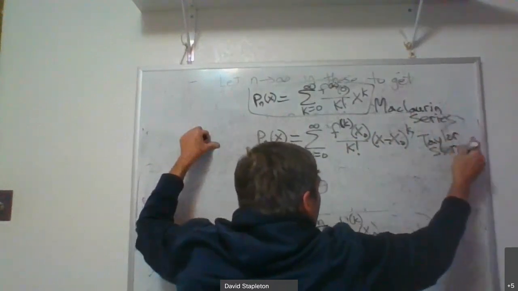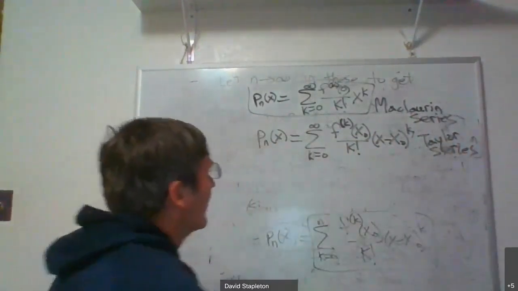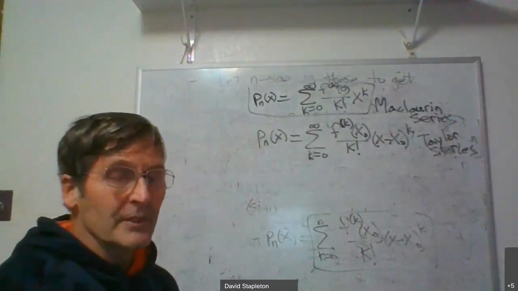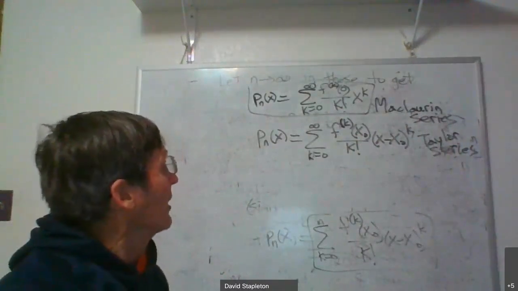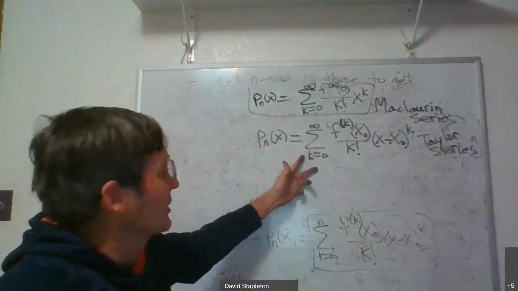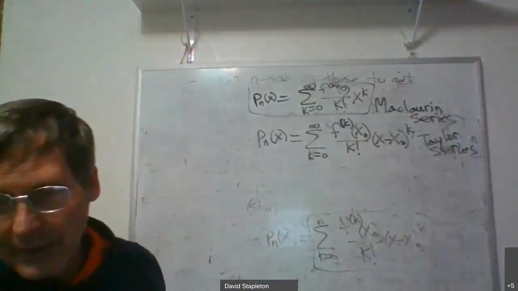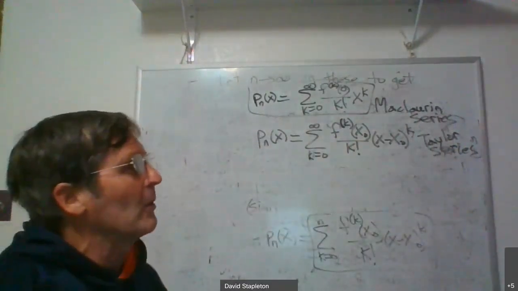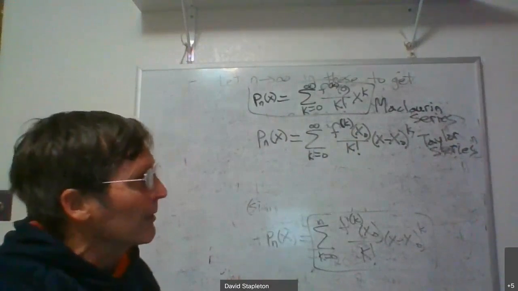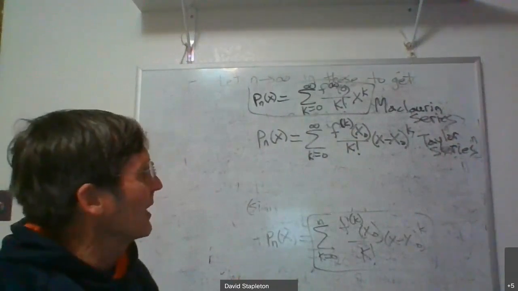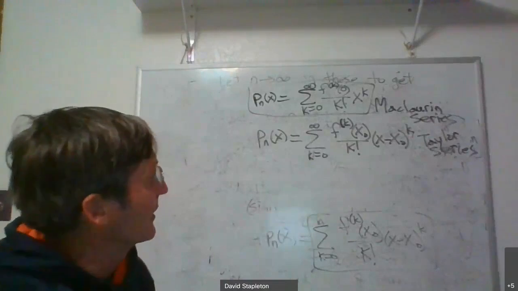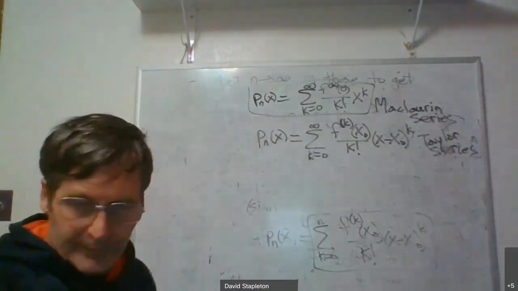And for lots of functions, as I've mentioned before with the cosine, this is exactly equal to the function if you let this go on to infinity. You can show that by going far enough, you can make the error as small as you want. And consequently, we say the limit at infinity is exactly the function.